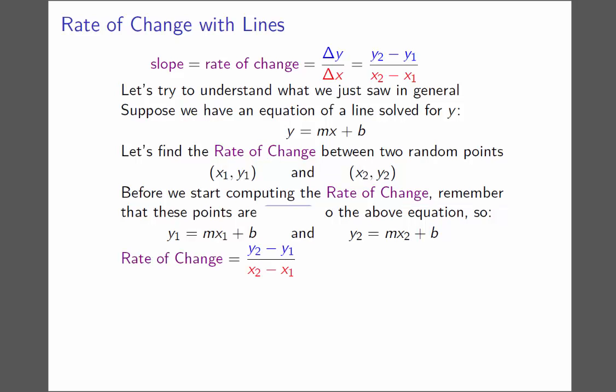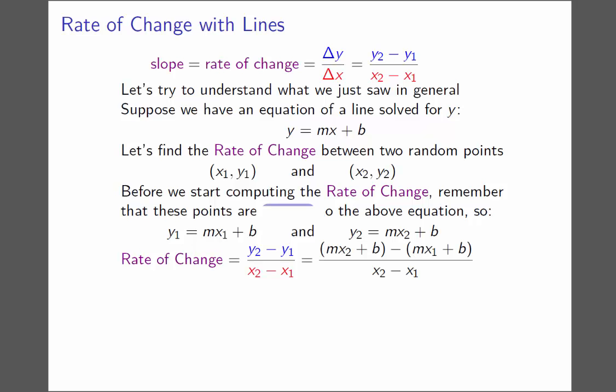So the rate of change, y2 minus y1 over x2 minus x1, can be rewritten as m times x2 plus b, that's our y2, minus m times x1 plus b, which is our y1, all divided by x2 minus x1.